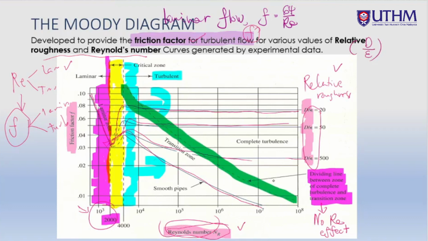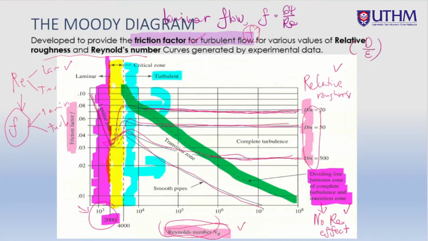Okay. Kalau kita tengok dekat sini kan, dekat bahagian sini, semua dah tak ada effect of Reynolds number. Siapa-siapa yang atas daripada transition zone ataupun a complete turbulent, kita boleh kata no effect on RE dah. Reynolds number dah almost tak ada affected dah.